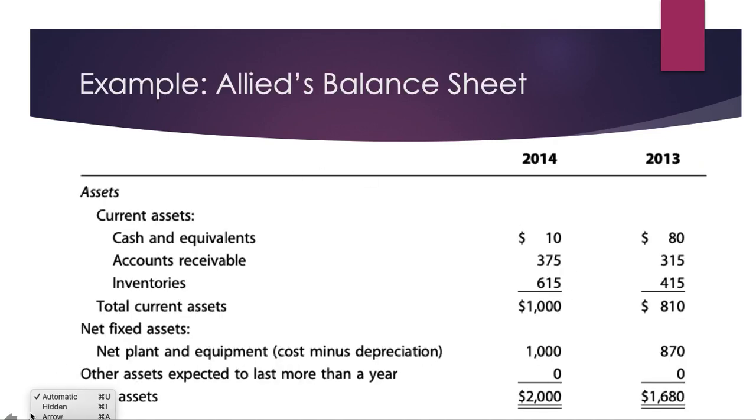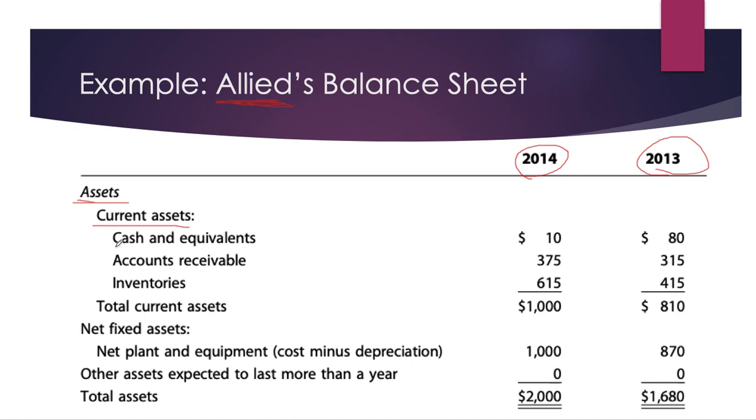So here's an example of a balance sheet for the company called Allied. And we can see it comparatively from year to year. So suppose this is given for 2013 and then we are looking at 2014 at the same time. And on the asset side, as you see, you have the current assets that are highly liquid.